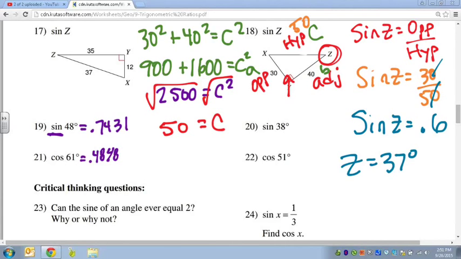Okay, if I write down the answers, sine of 38 degrees is 0.6157, and cosine of 51 degrees is 0.6293. So it's literally as simple as that. I hope this helps you and that you see you can calculate the trig ratios if you're given the angle, or given the ratios, you can find the angle.